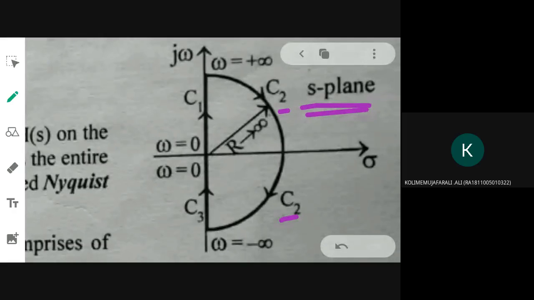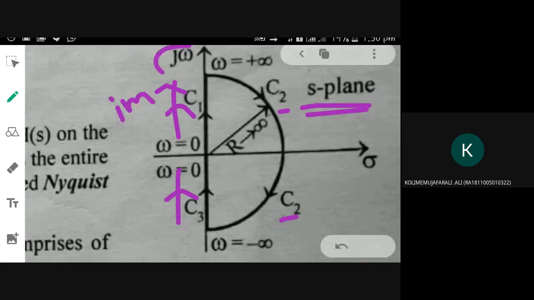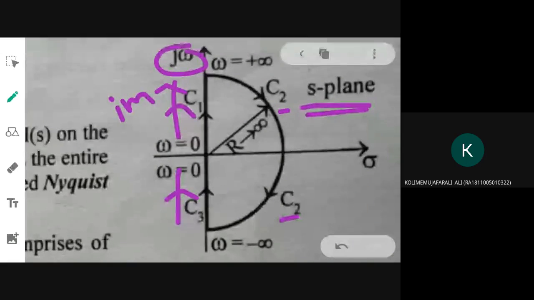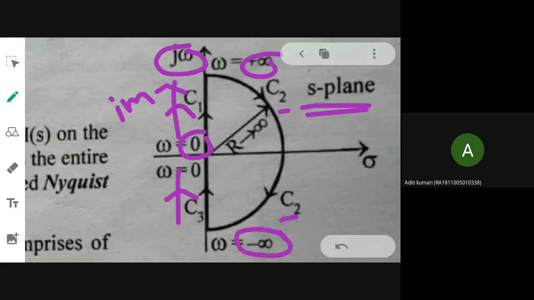C1 and C3 are along the imaginary axis. If you see C1, it is starting from what value of omega to what value of omega? From 0 to infinity. C3 is starting from minus infinity to 0.